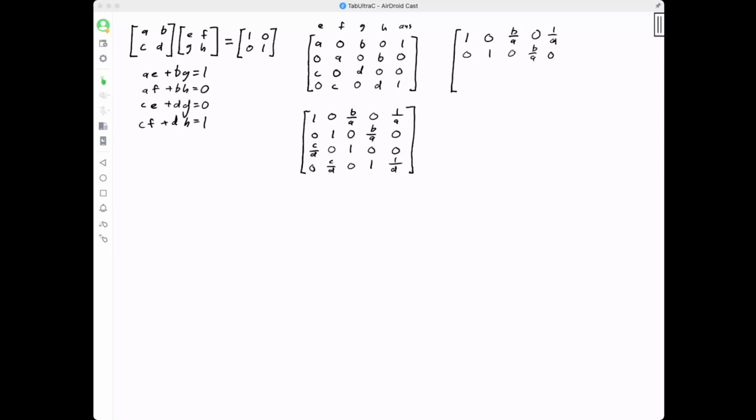Then for the next row, I'm going to subtract C over D times row 1 from this row.